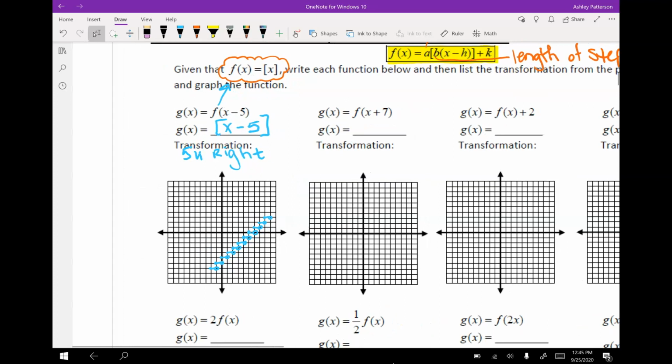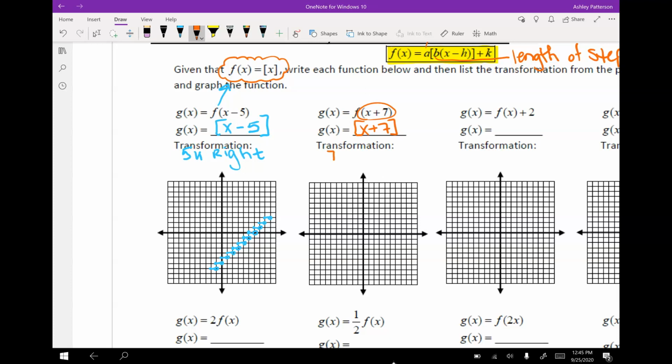Okay, example number 1. The next one says g of x is f of x plus 7. So again, f of x is the greatest integer. So I'm going to substitute this in for x. I get the greatest integer of x plus 7. I have to take the opposite sign of my h value, inside of the brackets with x.